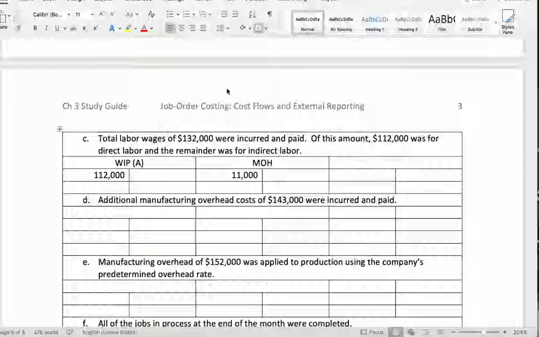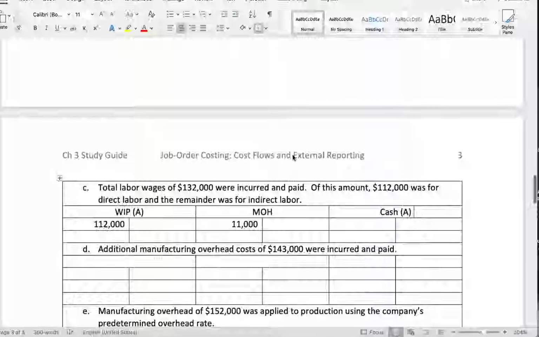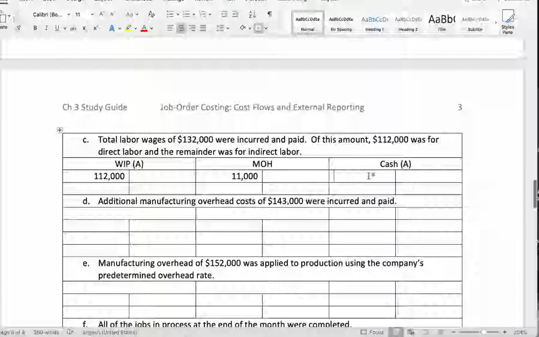Now, what's my third account? You see paid right off the bat, it's cash. Cash is an asset. Again, we increase an asset with a debit, we decrease an asset with a credit. My cash is going down, so I need to credit it.